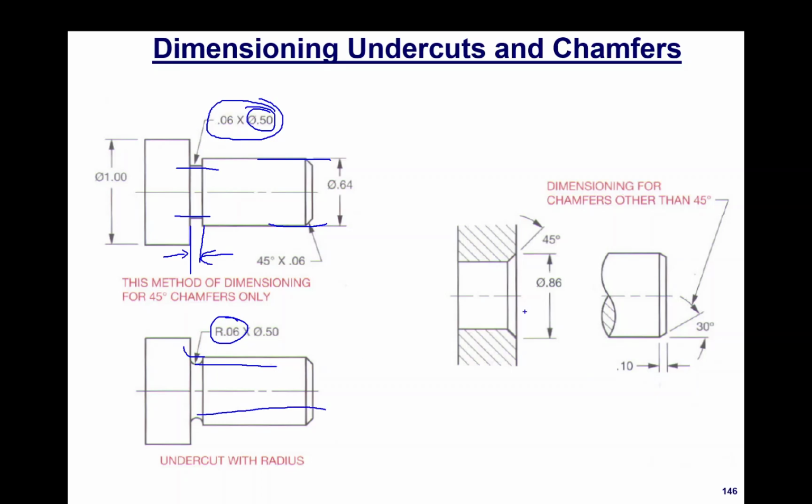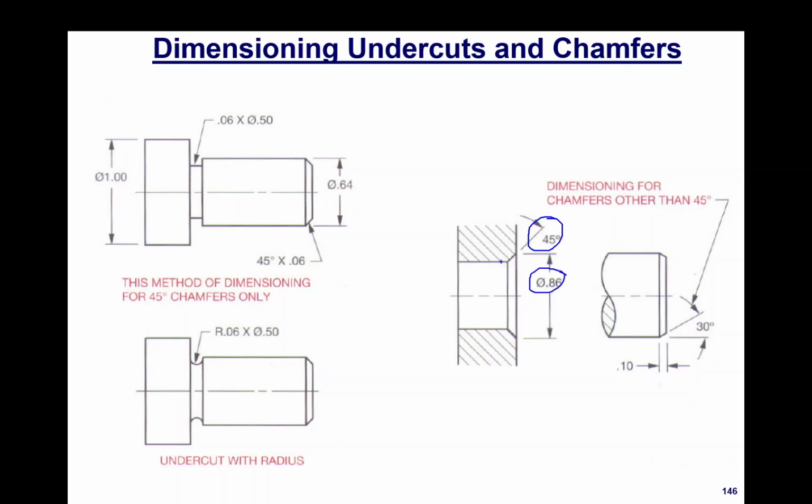Okay. And now dimensioning for chamfers. If it's 45 degrees, we can chamfer it this way. We can just show the angle right here, and then the diameter of the largest diameter, and therefore we could do the math if we really want to know what this inner diameter was, but most likely this hole would be specified somewhere on the drawing.